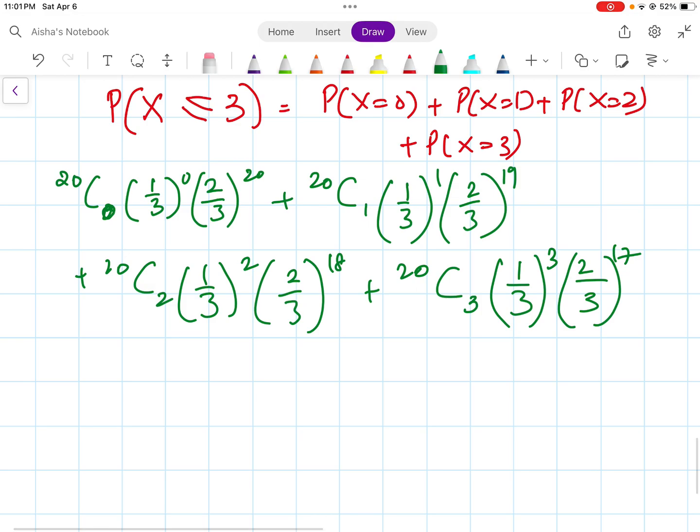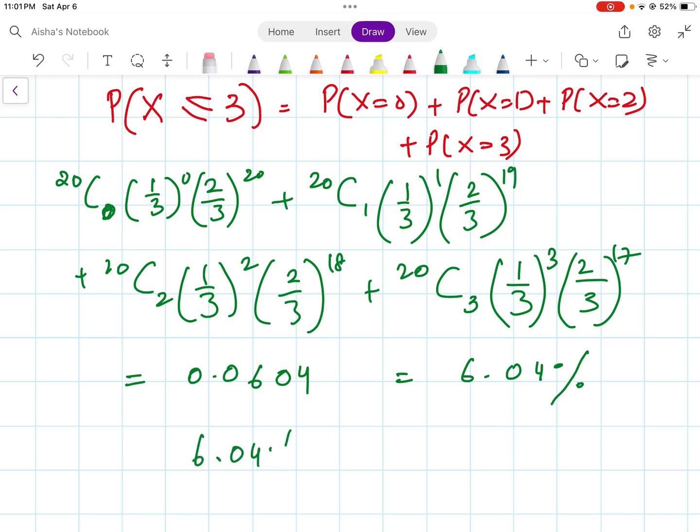And finding out the probability, we get the probability is 0.0604, which is 6.04%.